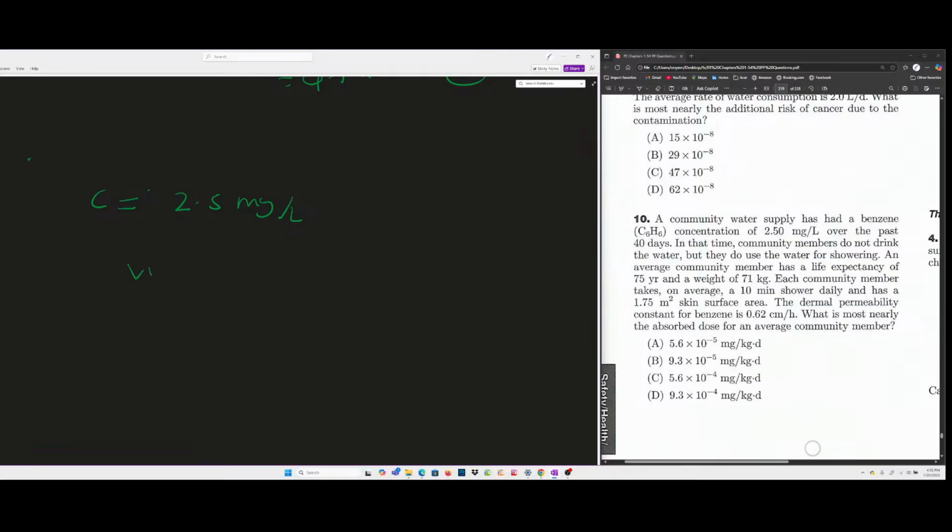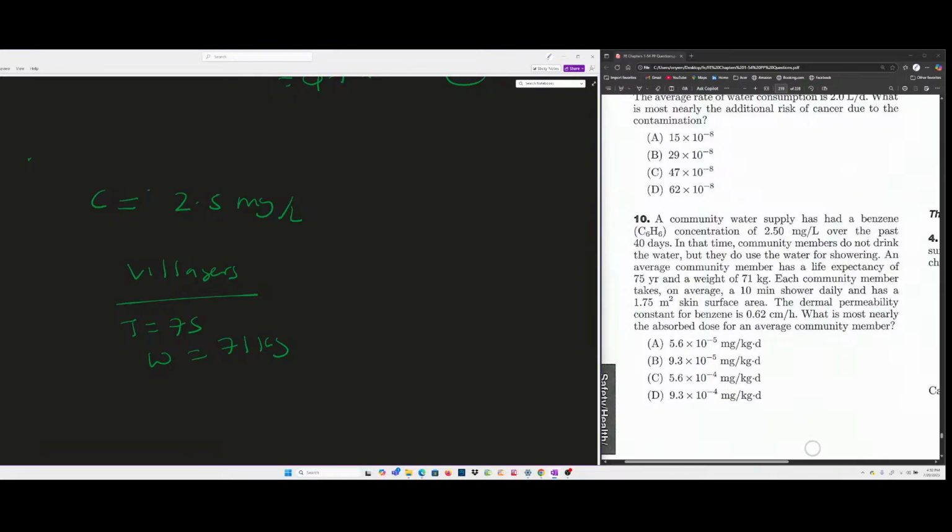An average community member has a lifespan of 75 years and a weight of 71 kg.